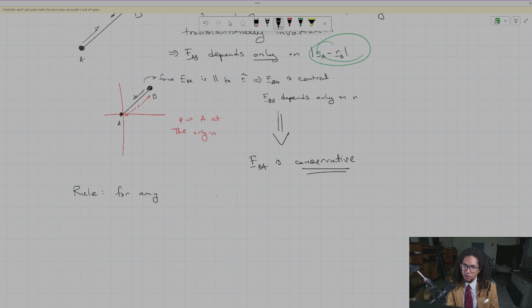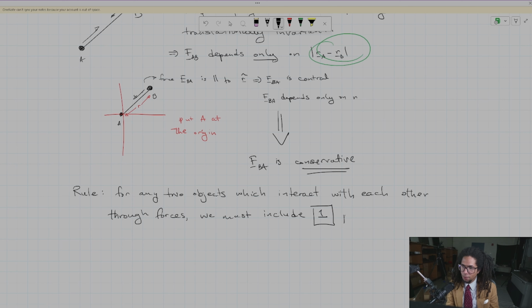For any two objects which interact with each other through forces, we must include one potential energy U of the distance between the objects. Let's call these objects A and B.